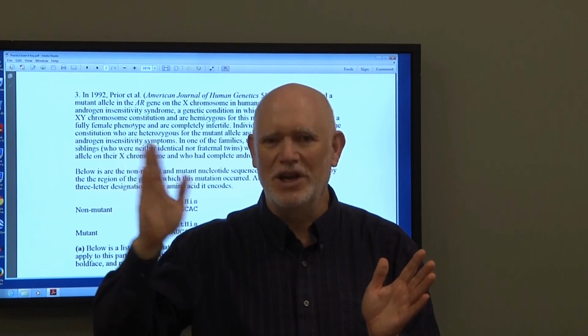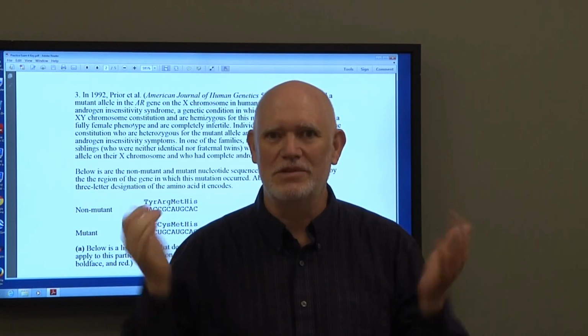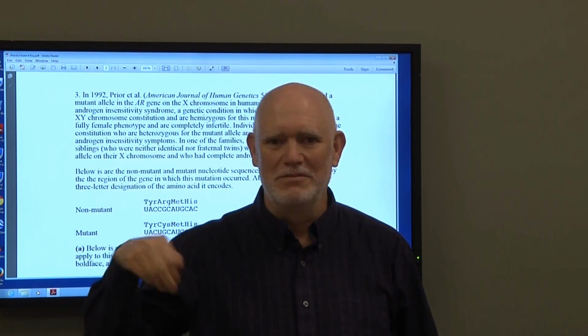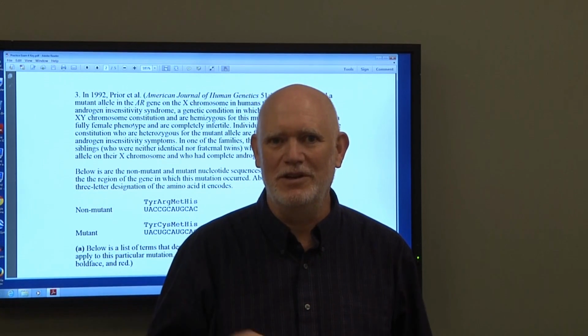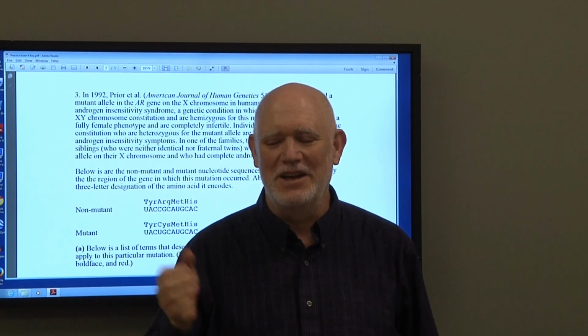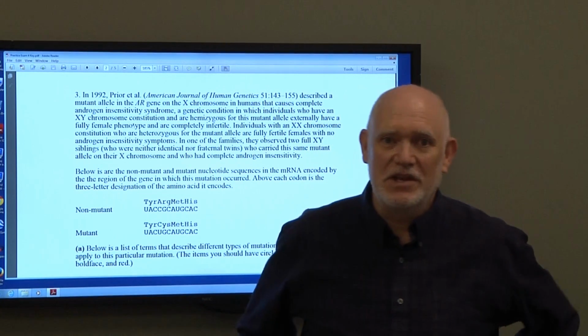But if an individual carries that mutation on the X chromosome, that individual will have a female phenotype, and therefore could not be the father. For that reason, we don't see homozygotes for this, because males who carry this mutation aren't males; they have a female phenotype, and therefore, the females who carry it are heterozygous for it.